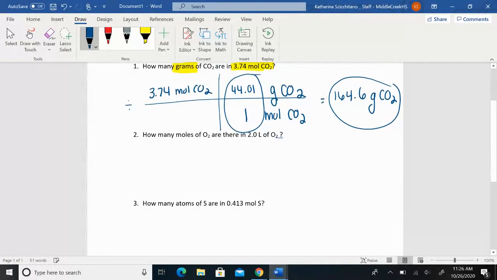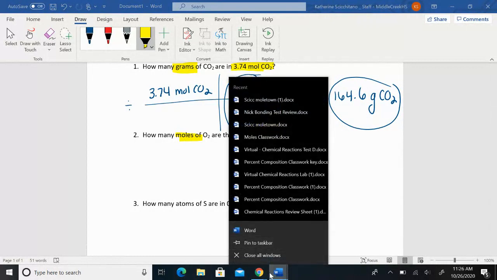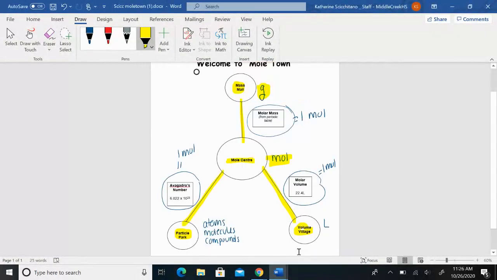All right, next one. How many moles of O2 are there in 2.0 liters of oxygen? So again, we look at what we're starting with. We're starting with 2.0 liters of O2, and the question is asking for moles of O2. So what we're going to do is go to our mole town, and I'm just going to clear a little bit of this for us.